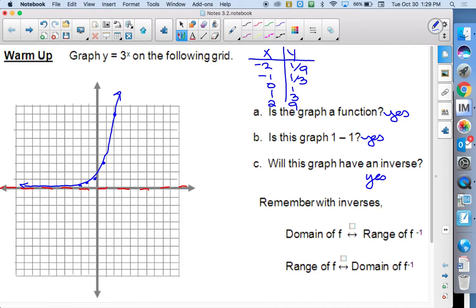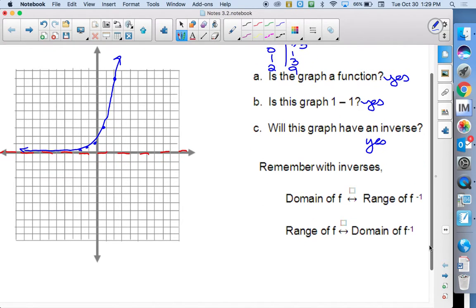So inverses we talked about in chapter 1. Little bit of refresher here. The domain, which is really x, of your regular function becomes the range of the inverse. Because if you're finding an inverse, what are you doing? You're flipping your x and y values. You take x and y and you flip-flop them.